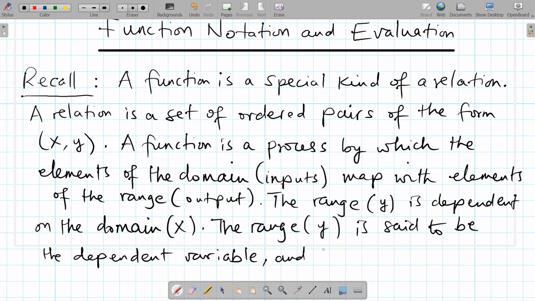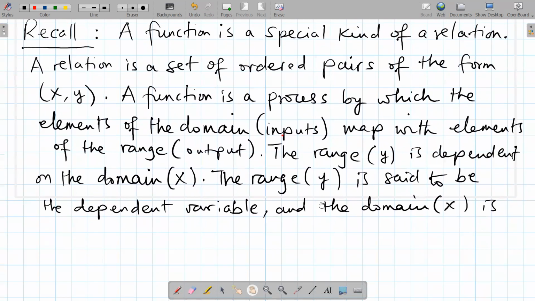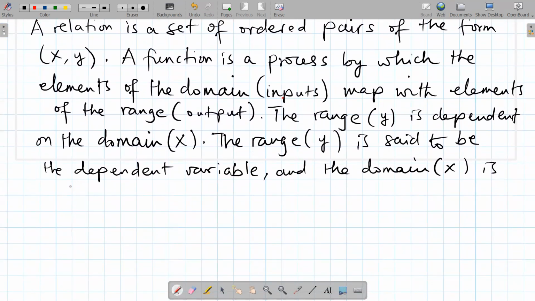And the domain, which is x, is what we call the independent variable.